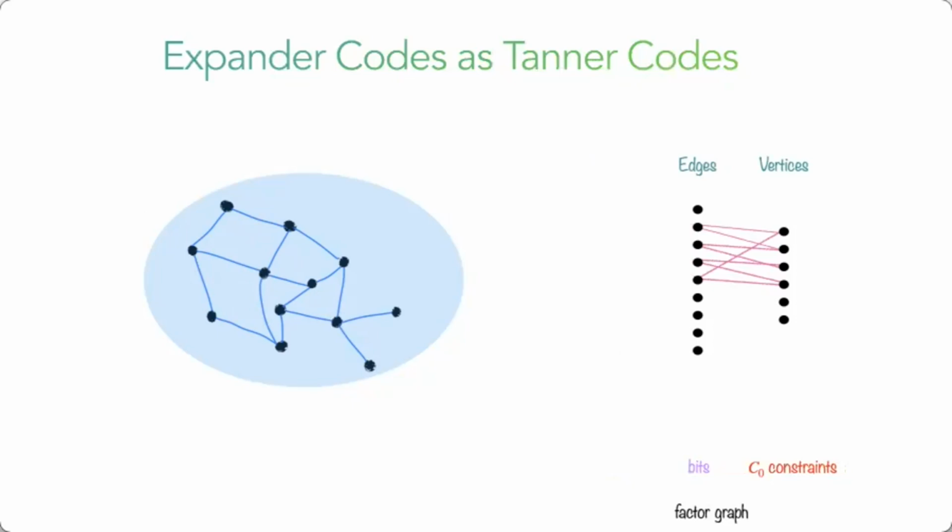Tanner said, I'm going to define a code based on two objects. One is some C0, like we had with Sipser and Spielman, and the other is a d-regular bipartite graph. Not d-regular, I meant that from the right you have d-regular. The right-hand side is d-regular, the left-hand side, I don't care. Okay, and how does Tanner define his code?